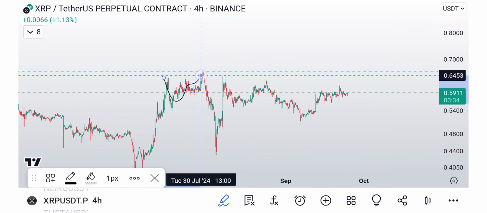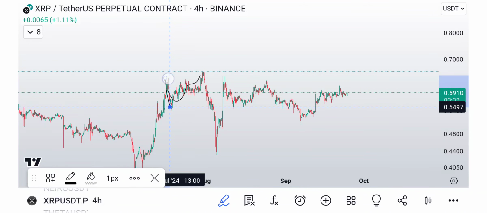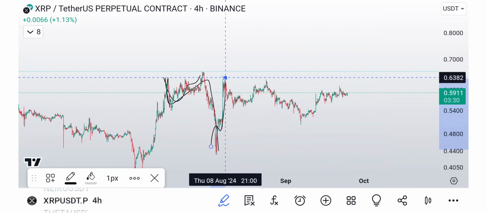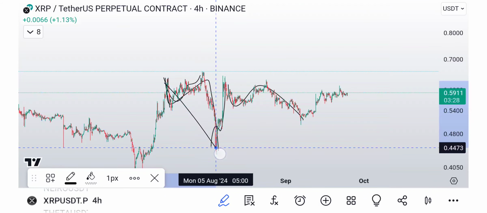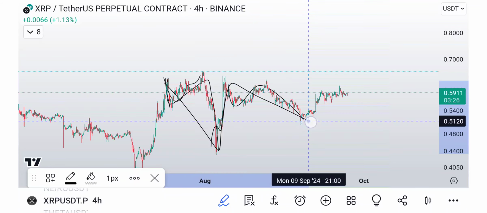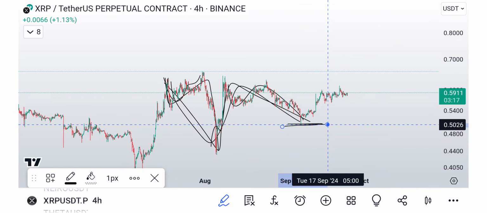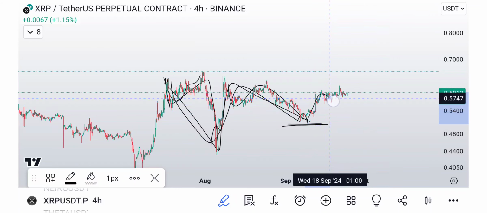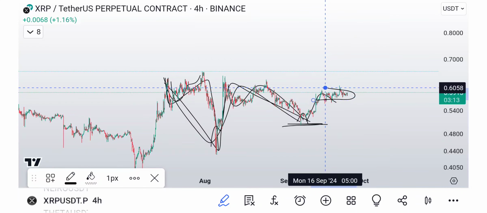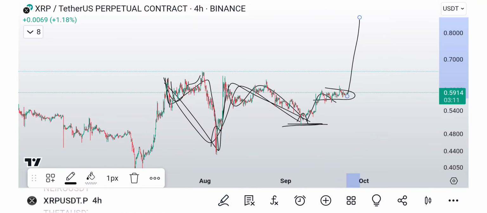We have 3 down, we have 3 up, and we have 3 back down. So W, X, Y. It's a wonky looking running flat, and then here's your base here, and then you have a 1 2, maybe another 1 2. We're sort of flagging out here, and then we go. I mean, that's one way to look at it.